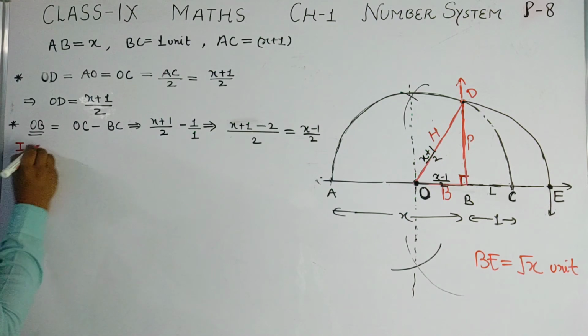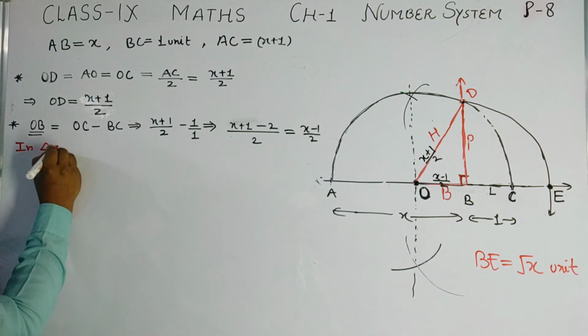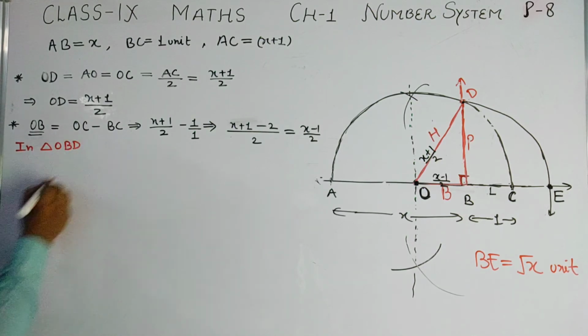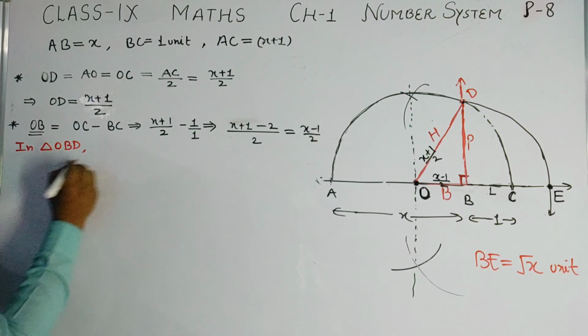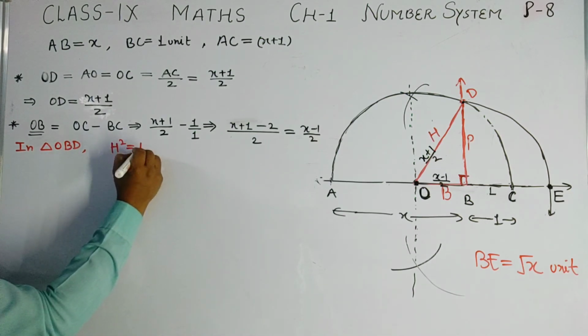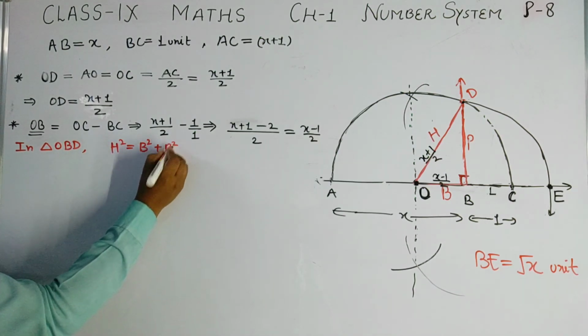Now, in triangle OBD, we know very well that hypotenuse square is equal to base square plus perpendicular square.